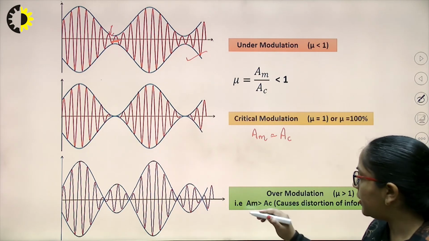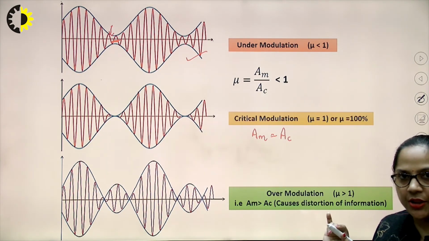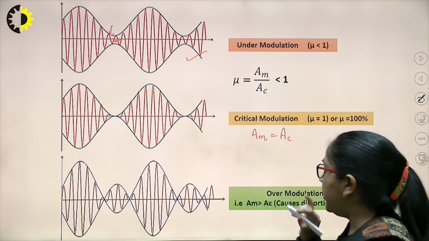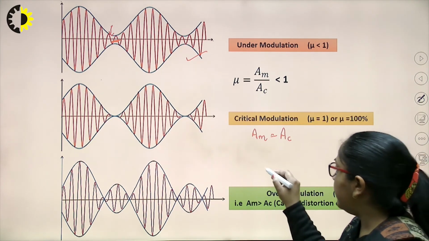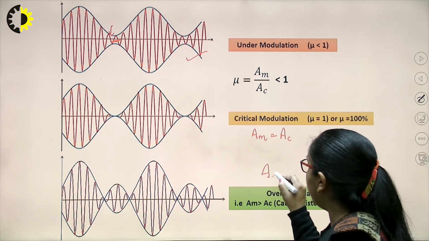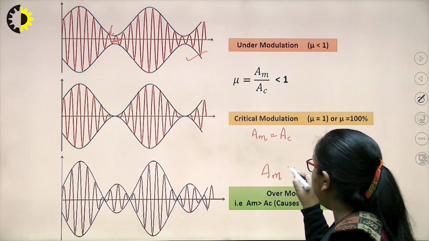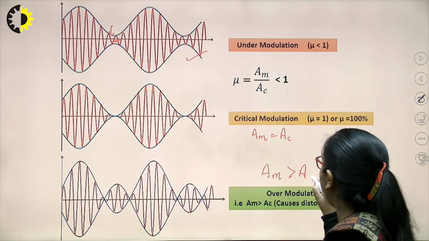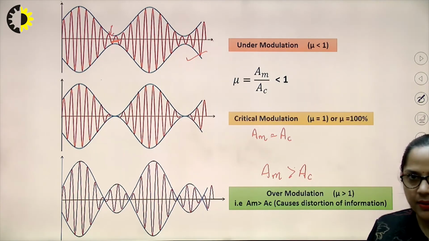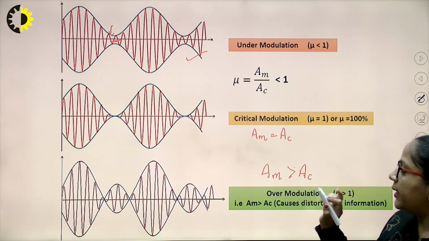The third condition is the case of over modulation. We will have over modulation when the maximum amplitude of the message signal is greater than the maximum amplitude of the carrier signal. So, what happens in this case?